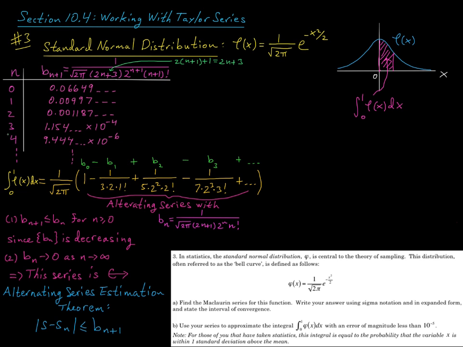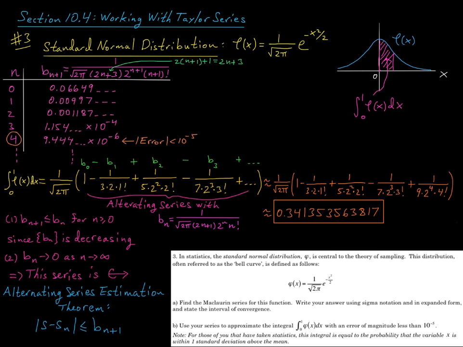And I can see that when n is 4, my error falls below this threshold of 10 to the negative fifth. So what does that say? It says that if I want to approximate this integral and ensure that the error is less than 10 to the negative fifth, I want to go up to the b sub 4 term.